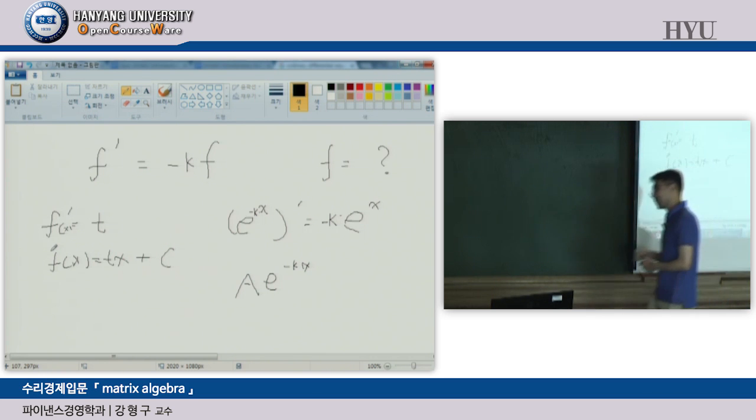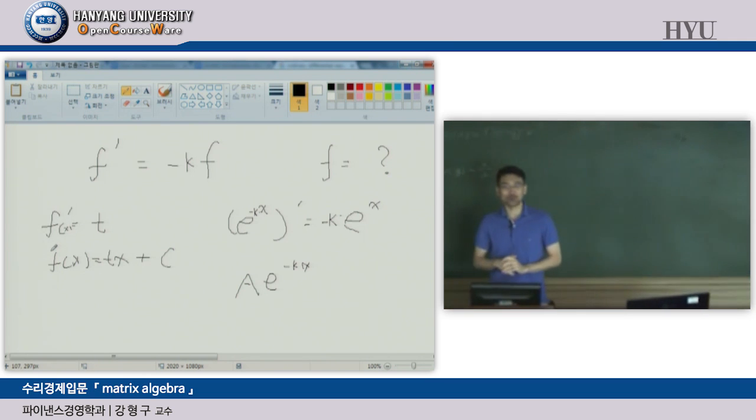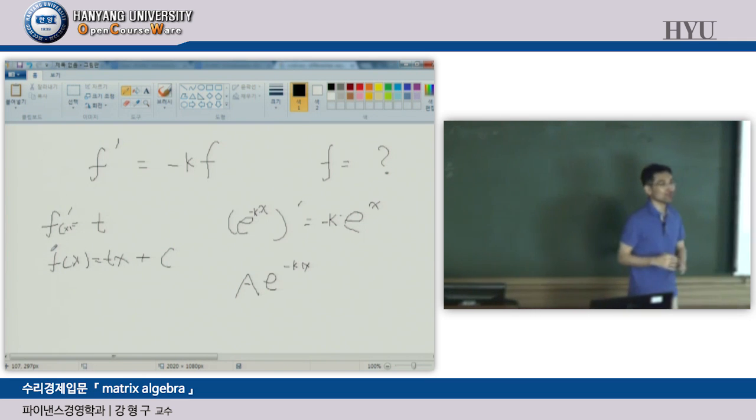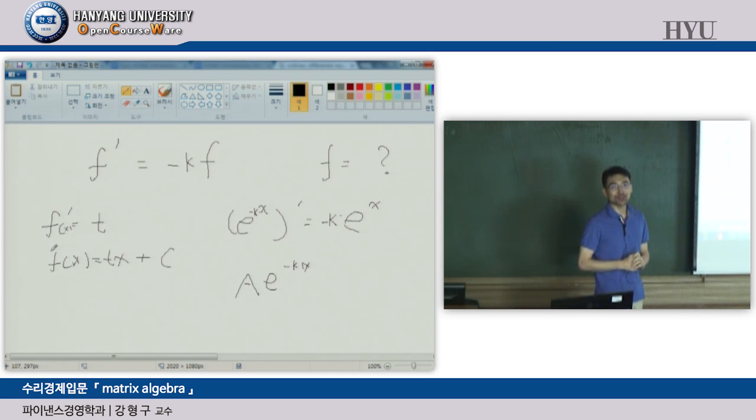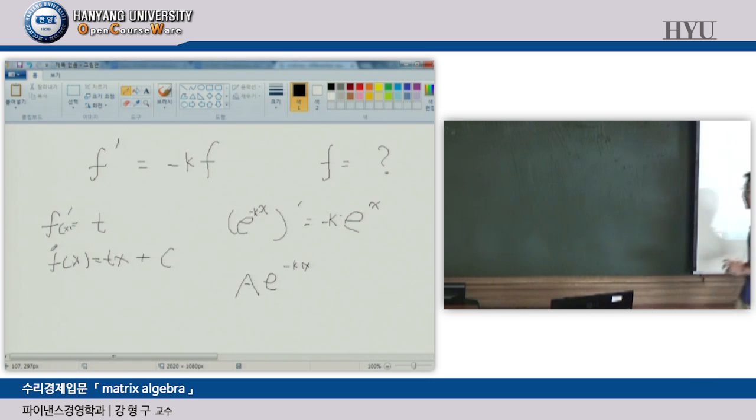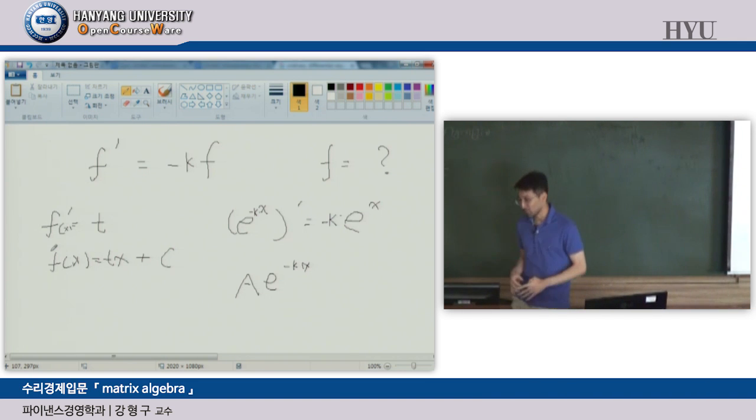Actually, if you don't like it, it is something like pulling a rabbit out of a hat, like a magician. Some of you may not like this educated guess. It just pops out of your guess. Some people don't like that kind of approach.